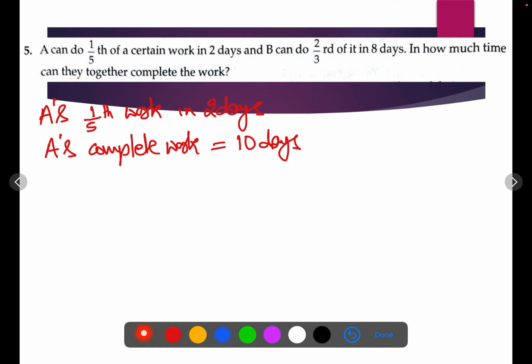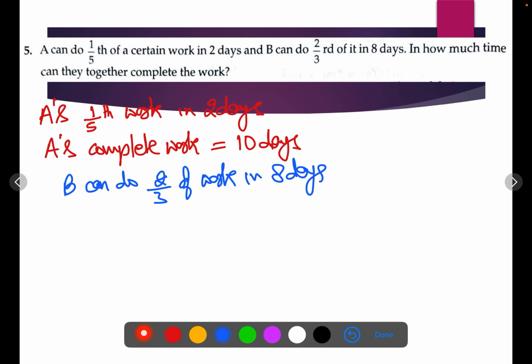Similarly, I'll find for B. B can do 2 by 3 of work in 8 days. So how many days can B complete the work? B can complete in 8 into 3 upon 2. That gives you 12 days.